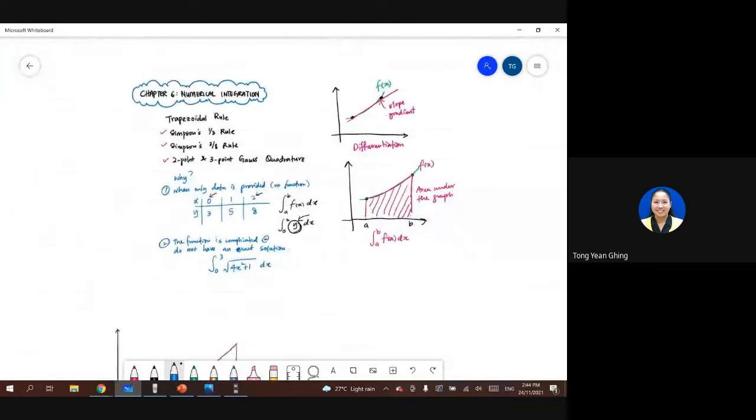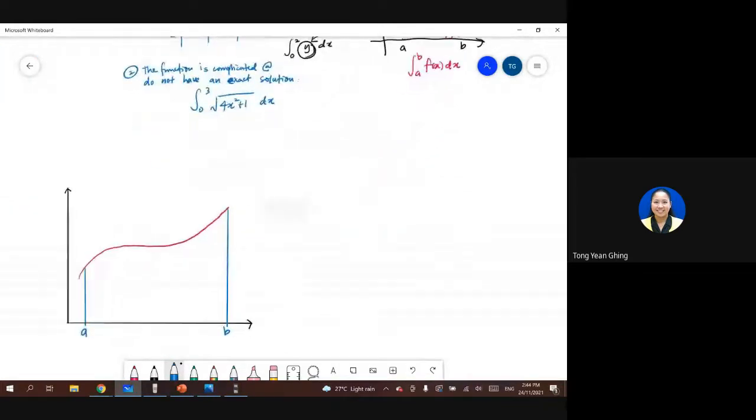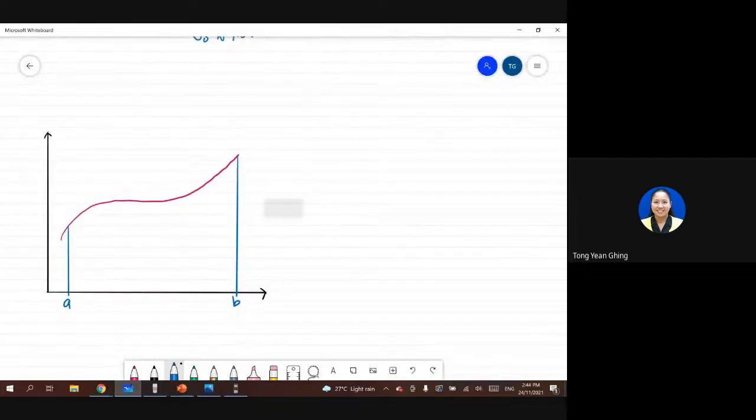Okay, let's consider we have a graph like this. So when we have a graph like this, basically how are we going to find the area under this function, this graph? Let's say this is the f(x) graph, through these 2 points.